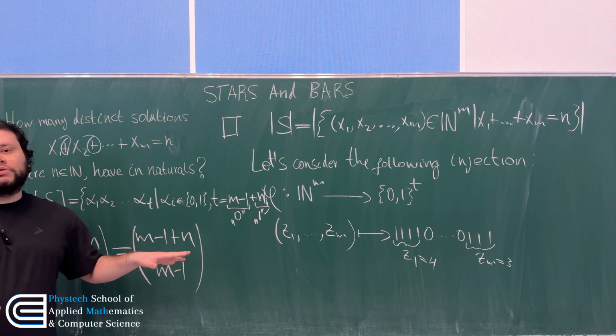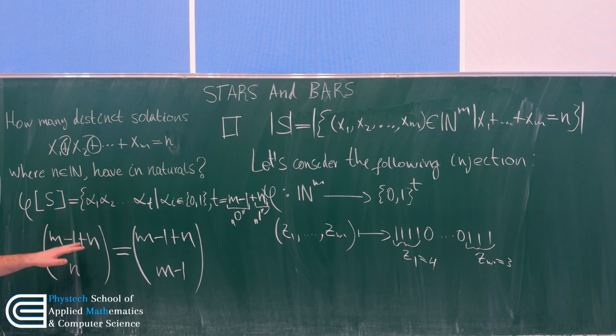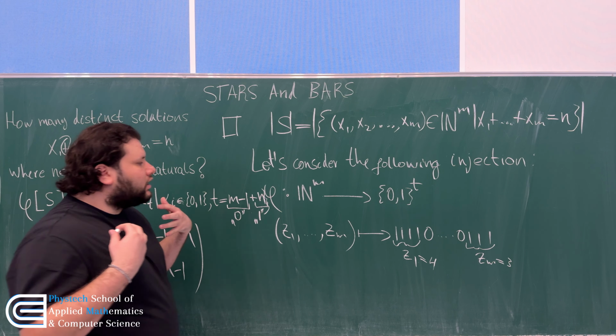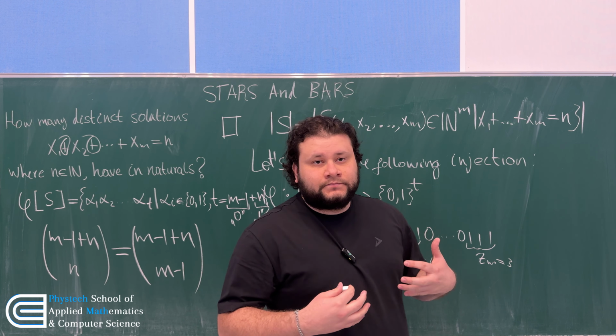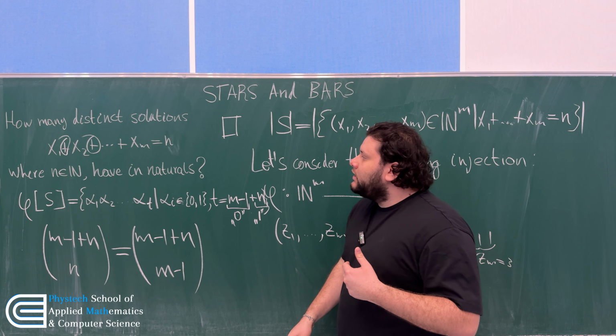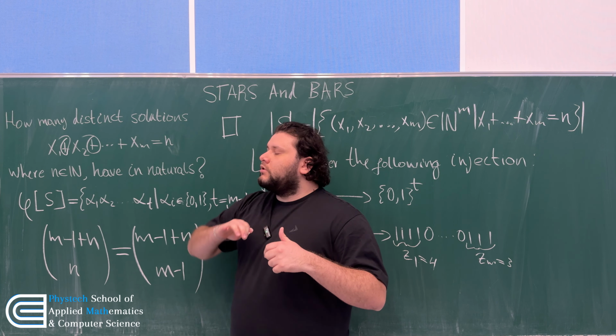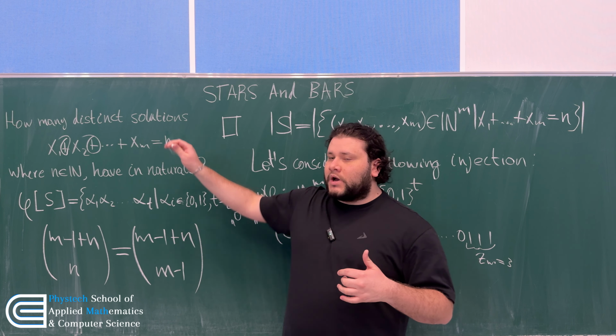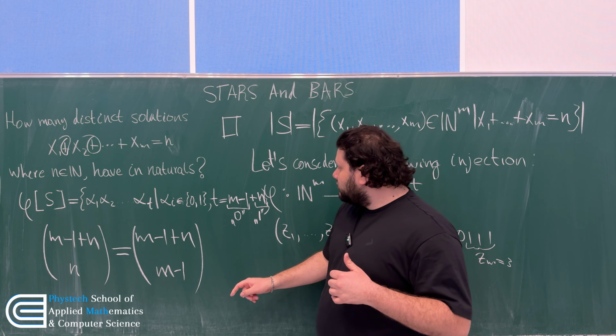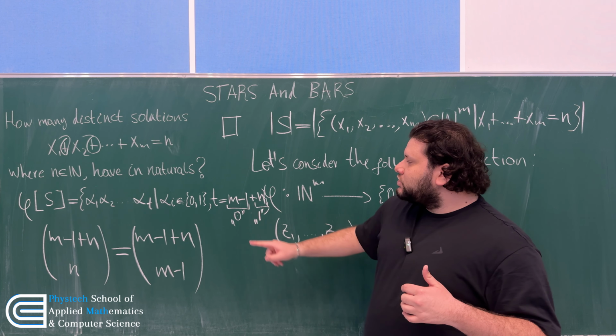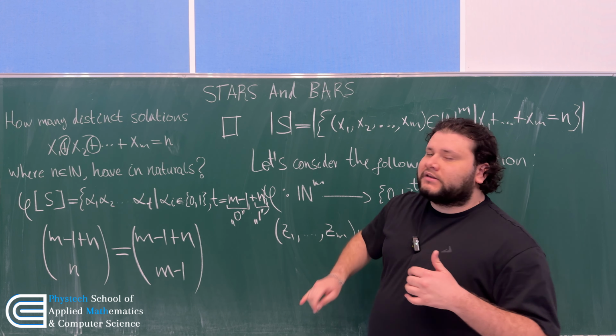And this is the solution. This is the number of ways that we can choose such binary words. And this is going to be the number of solutions to our equation. So this image is equivalent to this S.